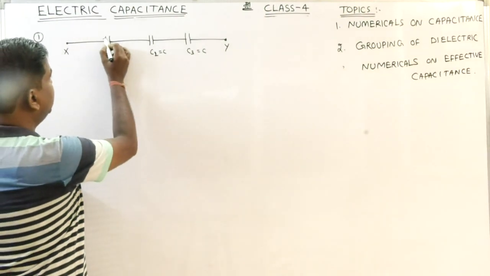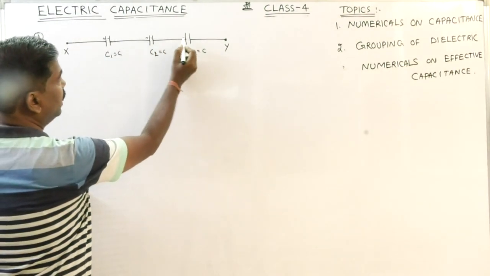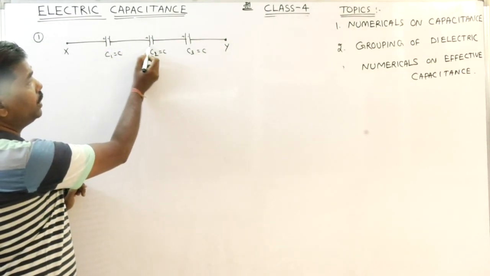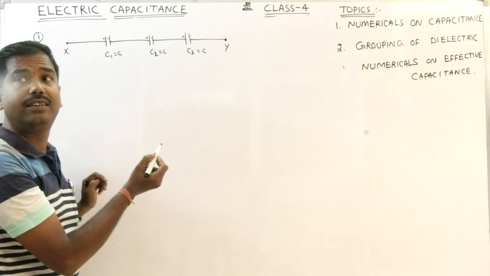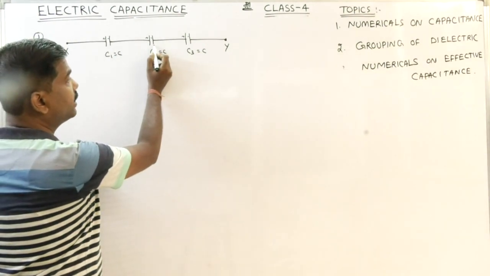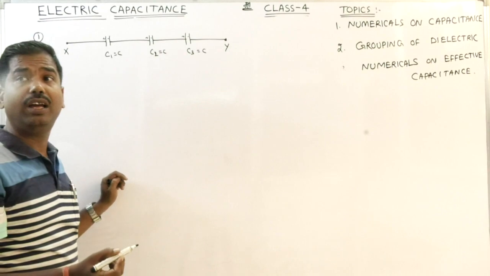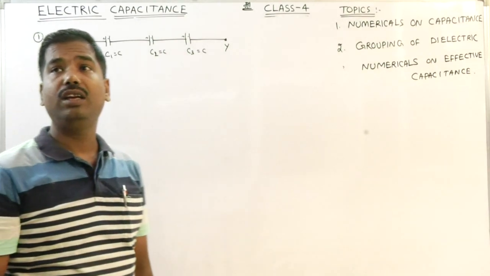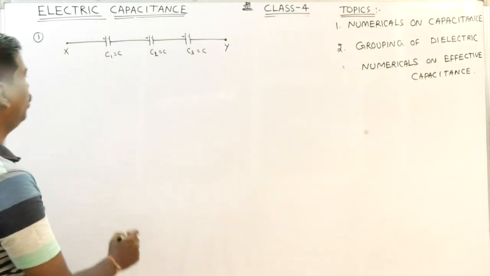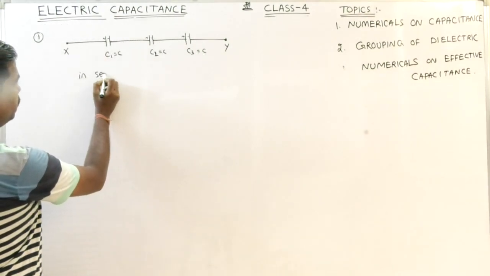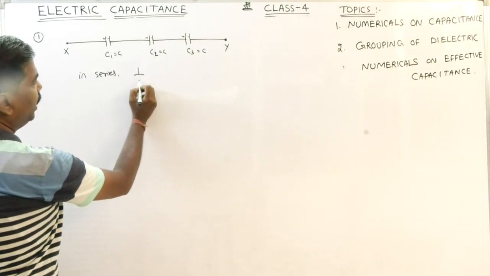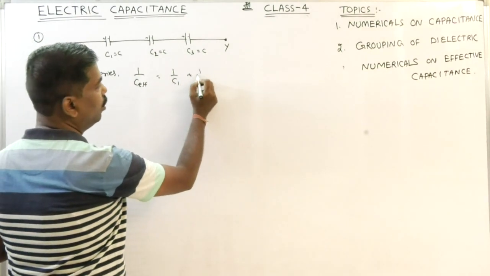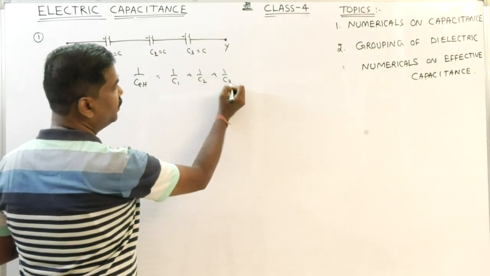Listen to me. If this is the positive plate, this is negative, this is positive, this is negative, positive and negative. The negative plate of the first capacitor is connected to the positive plate of the second, and the negative plate of the second is connected to the positive plate of the next. Such a combination is said to be a series combination. So in series, 1 by C effective is equal to 1 by C1 plus 1 by C2 plus 1 by C3.